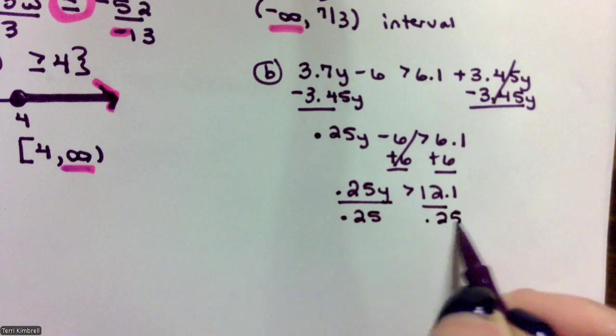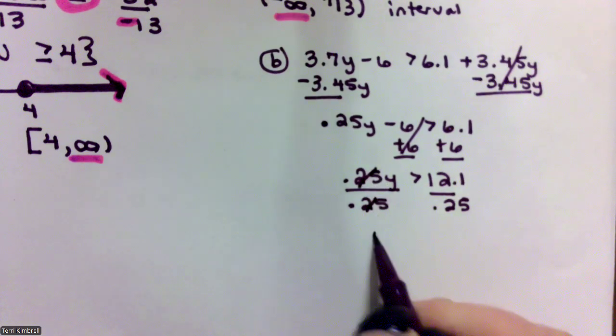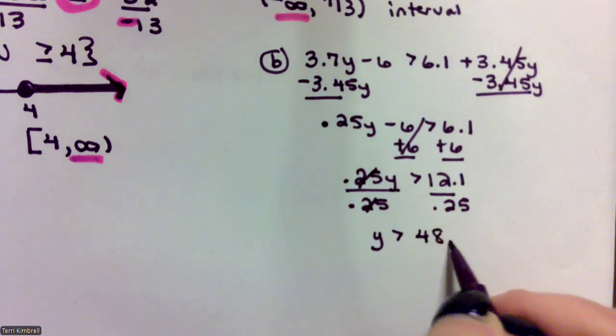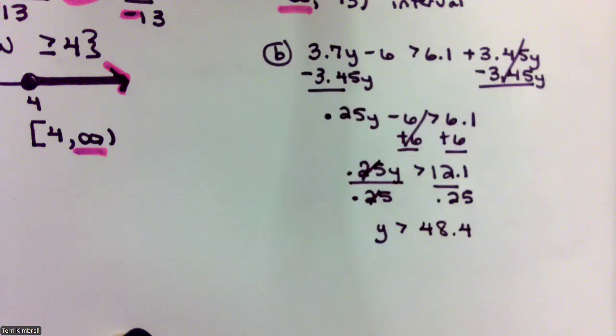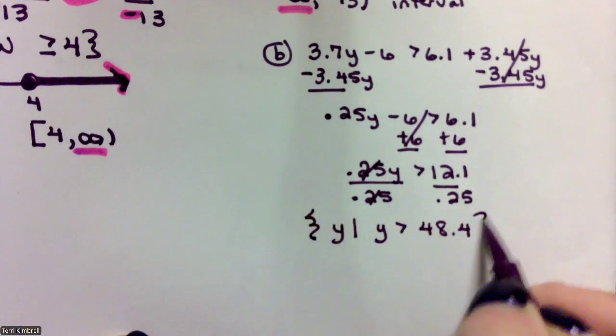We're not flipping the symbol because that 25 hundredths is positive. So it's going to stay greater than. So you'll just type in 12.1 divided by 0.25, and you should get 48.4. Okay, so putting that in set builder, I'll put the set.